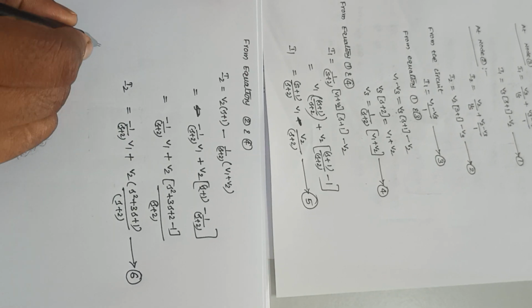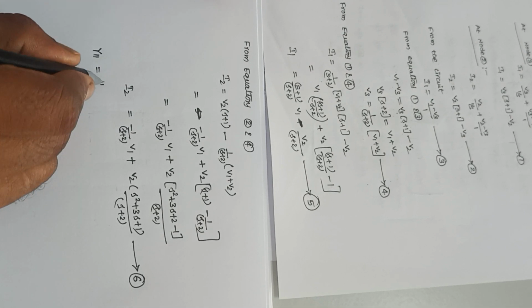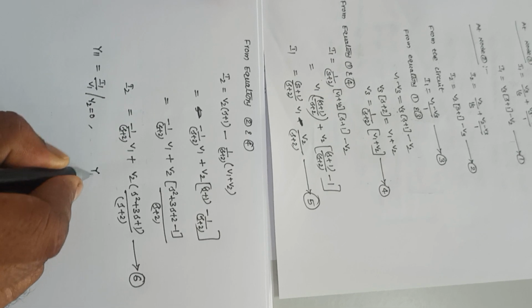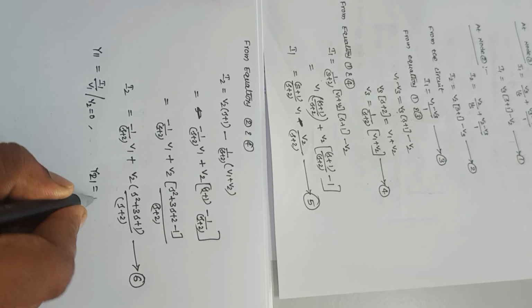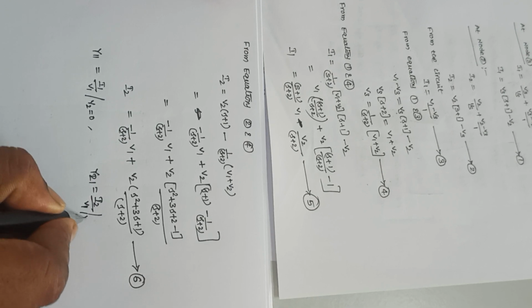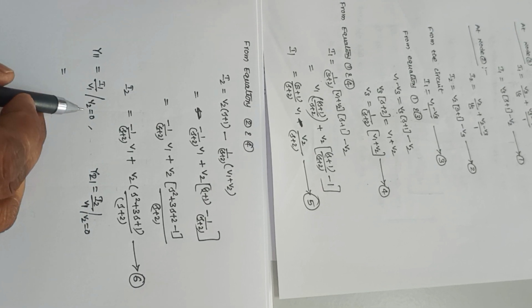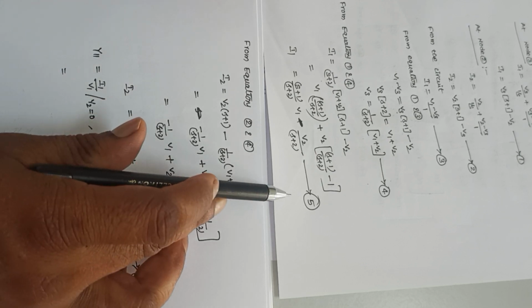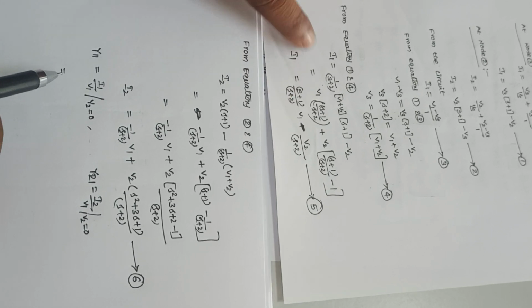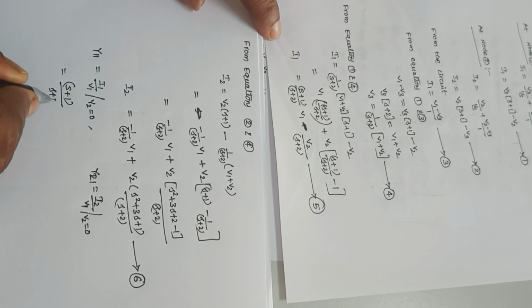Now from the definitions of these admittance parameters, Y11 is I1 by V1 at V2 equal to 0, and Y21 is I2 by V1 at V2 equal to 0. So if I substitute V2 equal to 0 in the fifth equation, I1 divided by V1 is equal to S plus 1 divided by S plus 2.